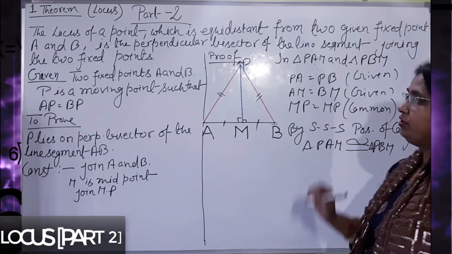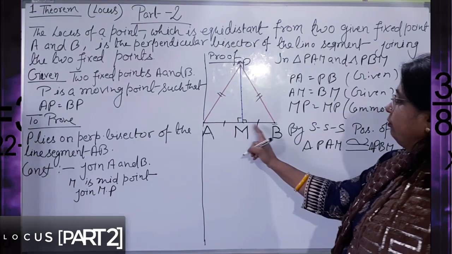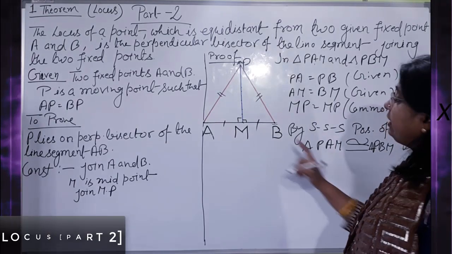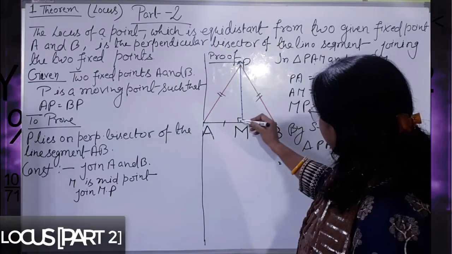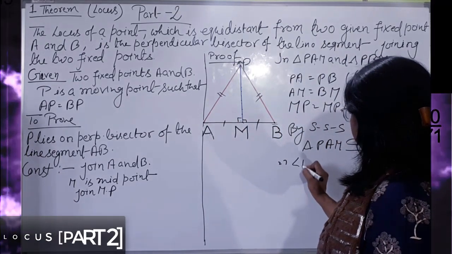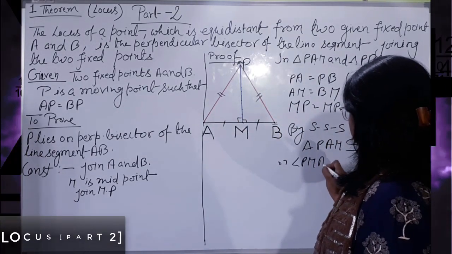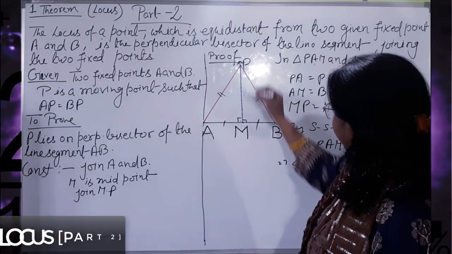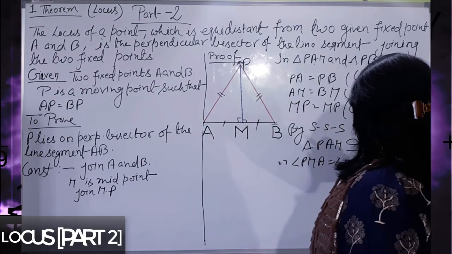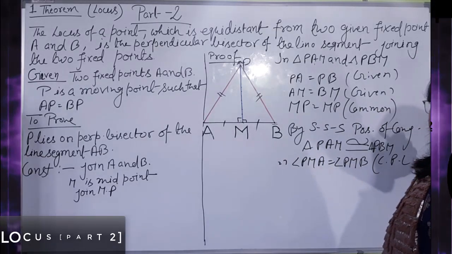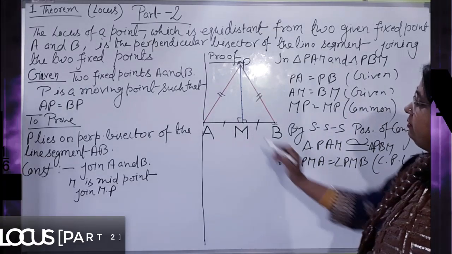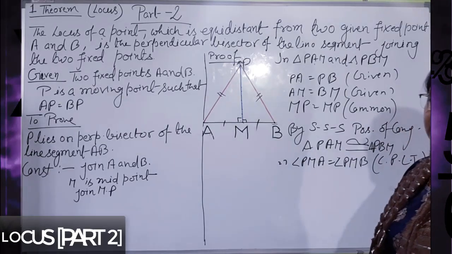Both triangles are congruent, and if both are congruent, it implies angle PMA is equal to angle PMB, by CPCT. This angle is equal to this angle.